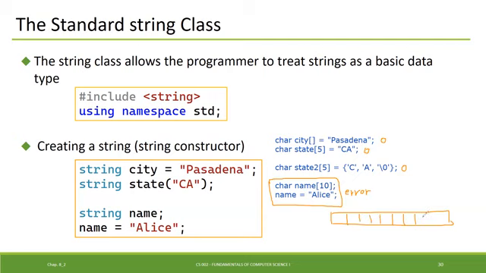There are 10 spaces, from 0 to 9. Okay, I create 10 spaces. And look at this. This is name.